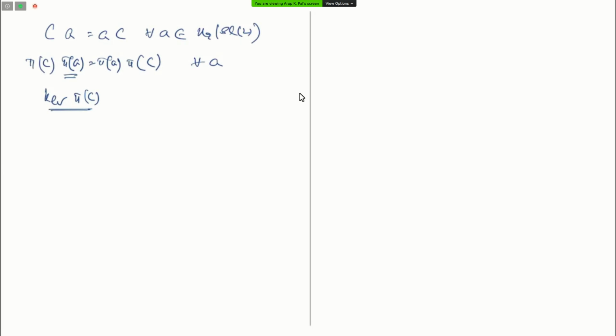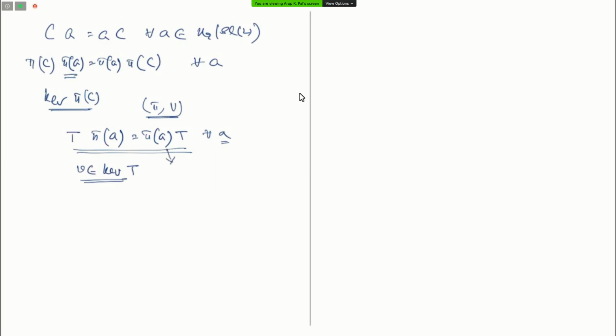So if you have an operator T, suppose you have a representation phi acting on a vector space V, and let's say you have this commutation condition that holds for every element. Then what happens? Suppose you take a vector v from the kernel of T. Now you look at this equality and evaluate it at v.